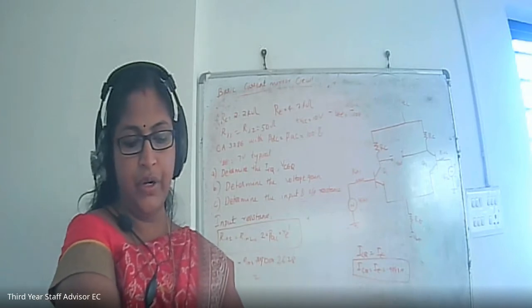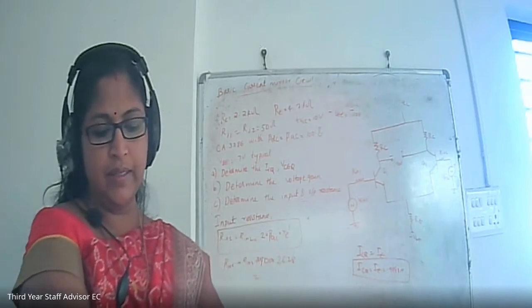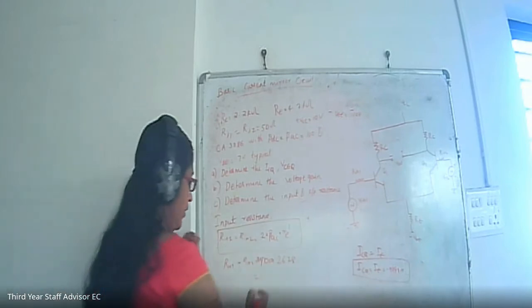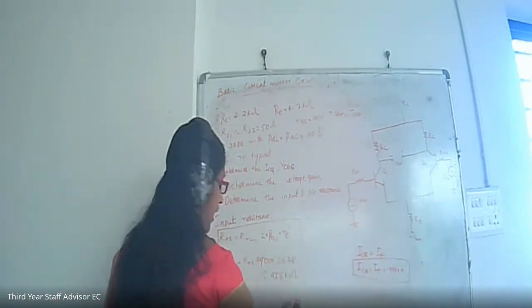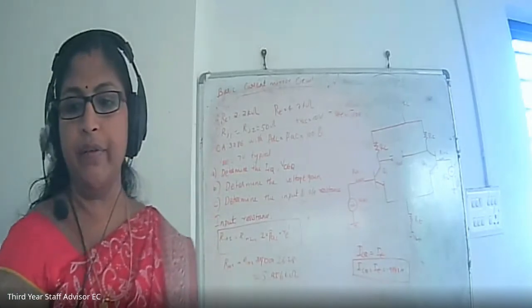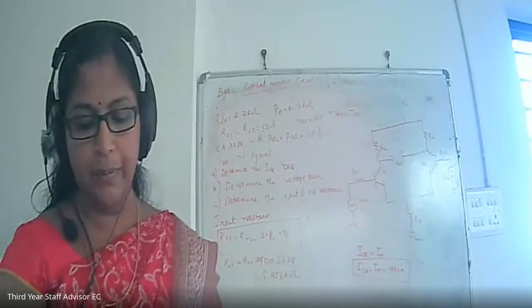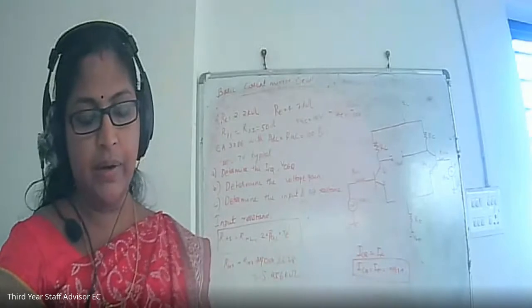Its value is equal to 5.256 kilo ohm. You can do it by calculator and you will get 5.256 kilo ohm. That is the input resistance.